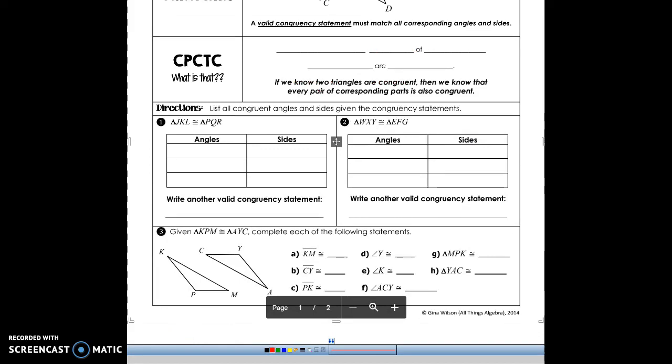The next thing that we need to know is CPCTC, and that stands for corresponding parts of congruent triangles are congruent.